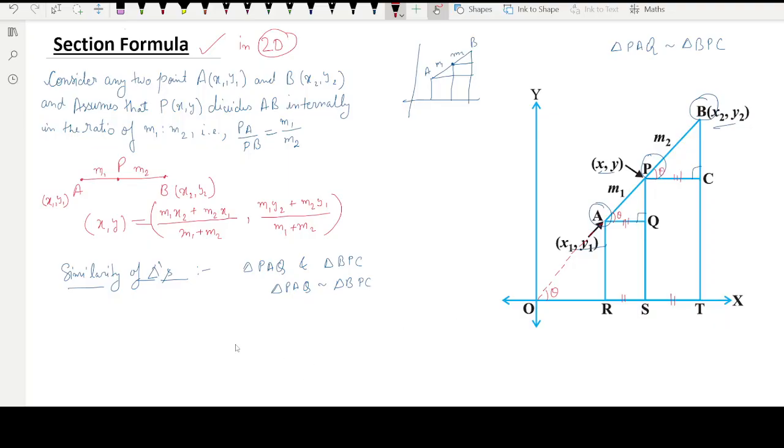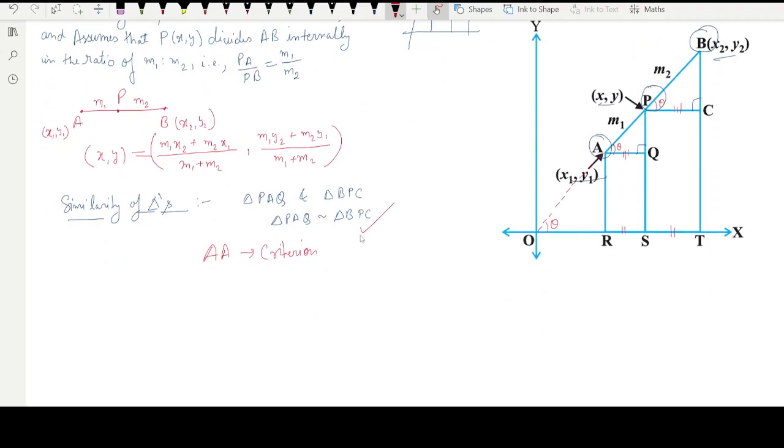So by the angle criterion, these both are similar. Now the ratios of their corresponding sides are equal.